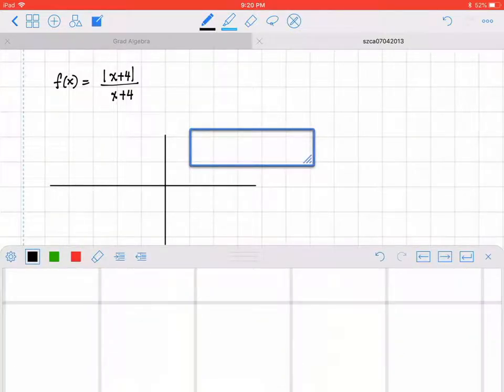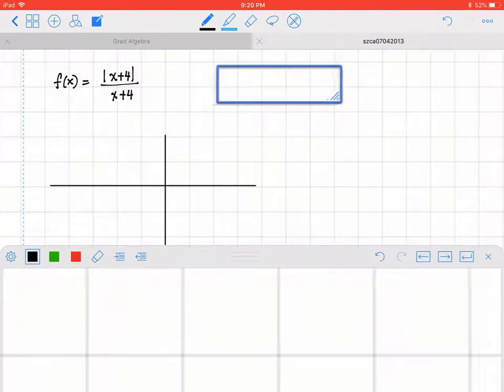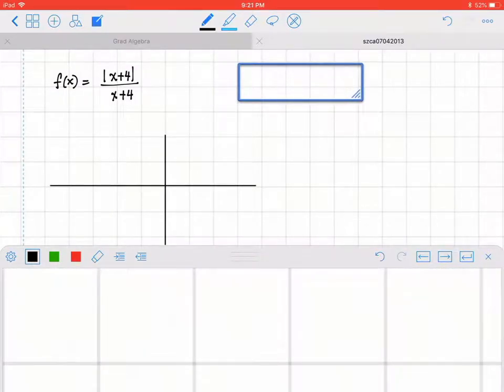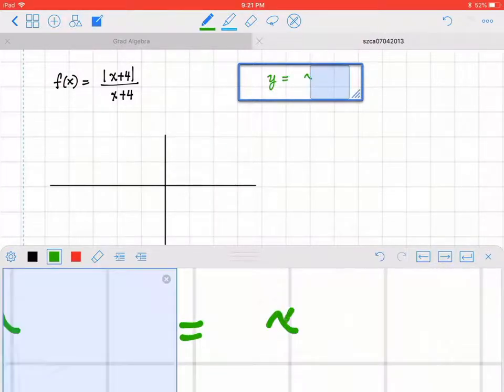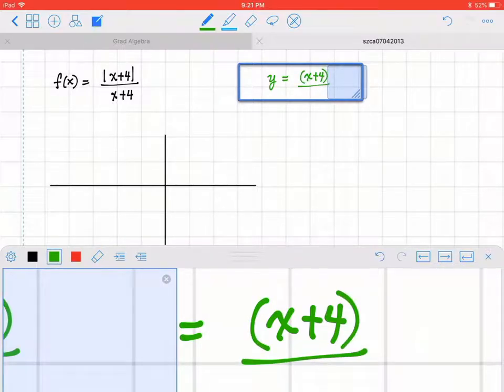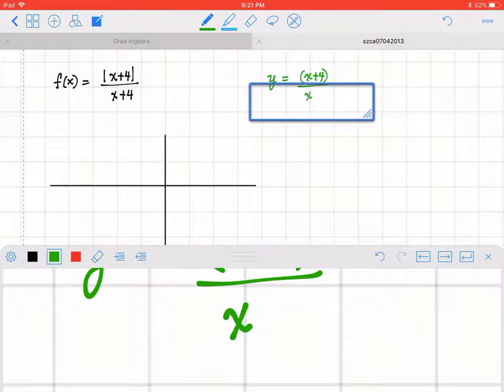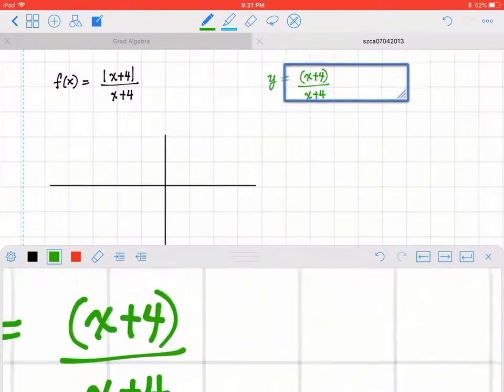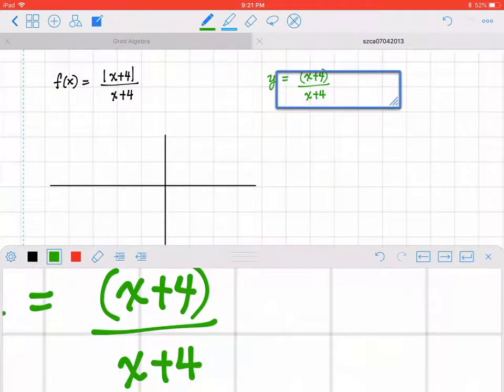Again, we have to find basically everything there is to know about this function. And so we begin with analyzing this function by trying to graph it. Now, to graph this function, one can begin by seeing how it works out when you have y equals x plus 4, like without the absolute values. Okay. y equals x plus 4 over x plus 4.